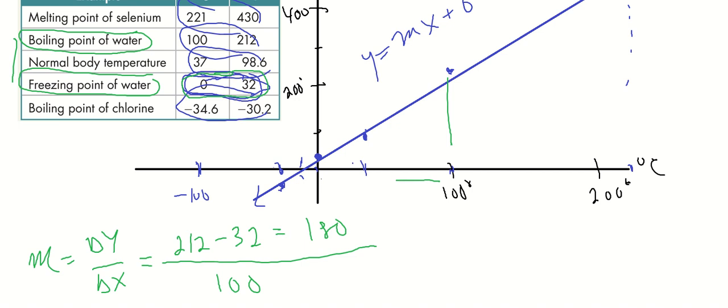That's just this part right there. So we got the rise over the run. We can reduce 180 over 100 to 9/5. Or if you want to use decimal form, you can just move the decimal over twice and you get 1.8. Either one is fine. Or let's do 1.8.